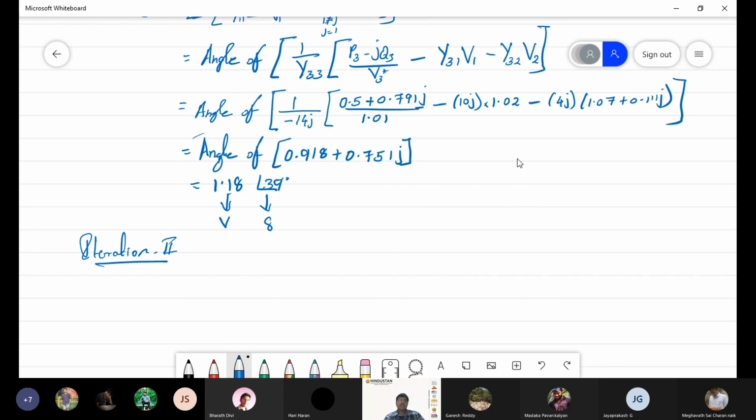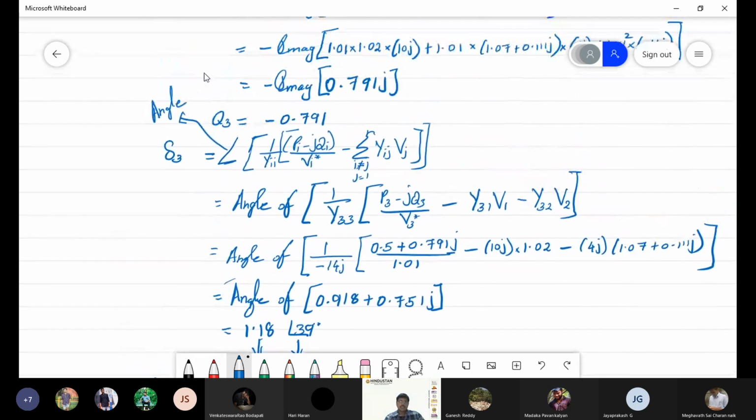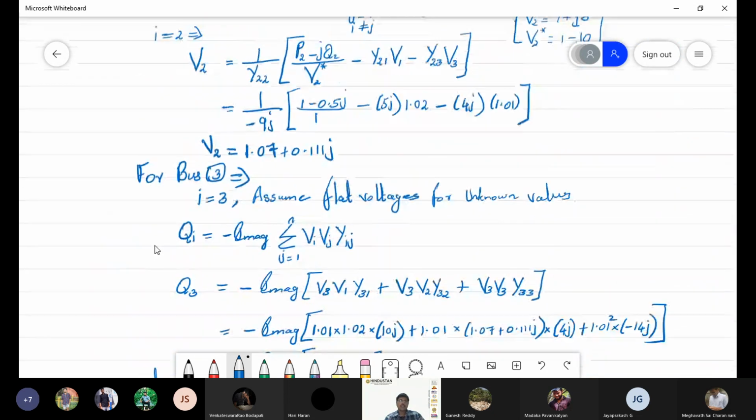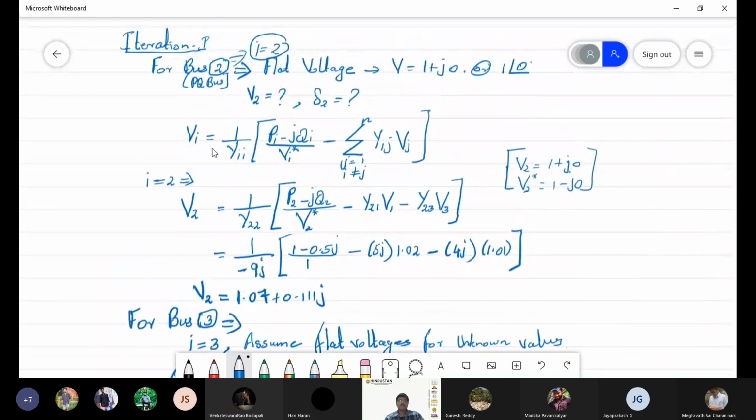Once again you have to do all those calculations as they are, but there is a difference when you go for iteration 2 for bus 2. This will be the formula. All those values remain the same, but whatever V2 value you got, you have to substitute here in the second iteration. Similarly V1 and V3 will be the same. That is the only thing you need to update.